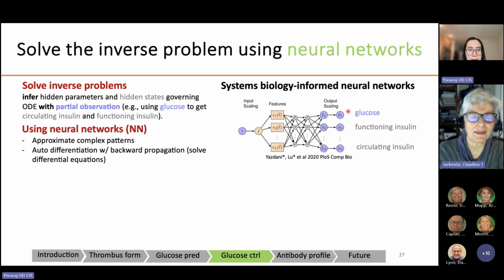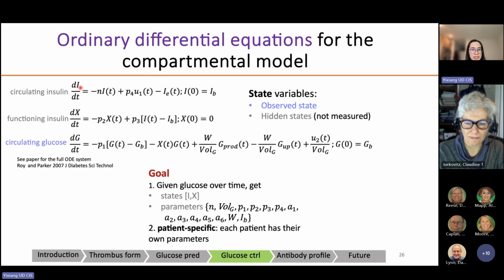Yeah. So let me understand your question. You are not sure how solving the inverse problem works here, right? Generically, for ordinary differential equations, the differential equations are given, say with observations of states. For example, the states are the insulin over time.